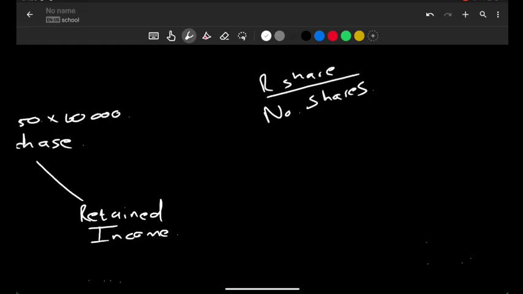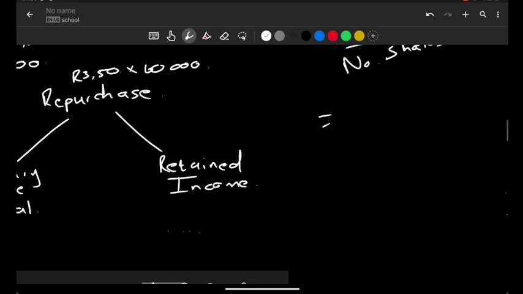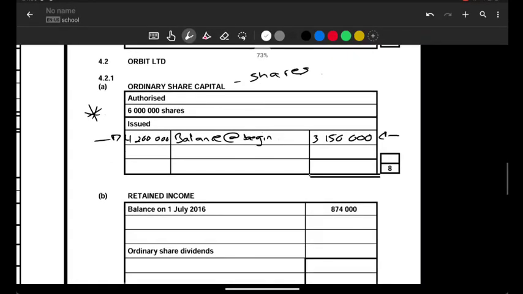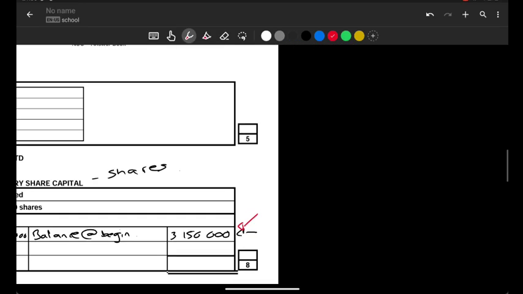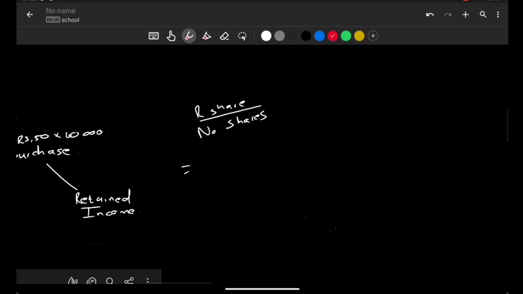And that there is going to give us our average. So now we already have our rand value. This is our rand value here, and that is the number of shares. So all we say is 3,150,000.